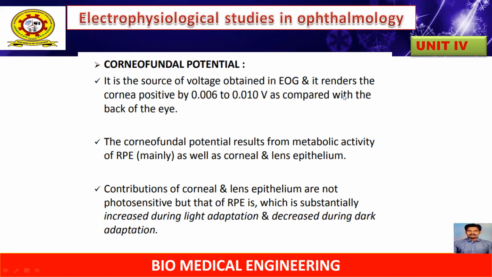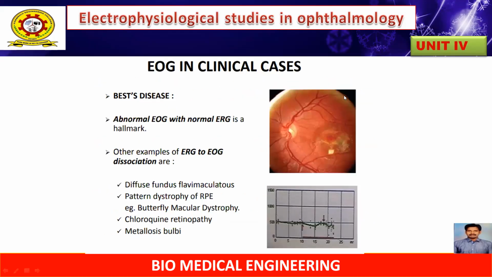It is the source of voltage obtained in the EOG, and it renders the cornea positive relative to the back of the eye. The corneal potential results from metabolic activity, which is regularly monitored by using this EOG parameter.